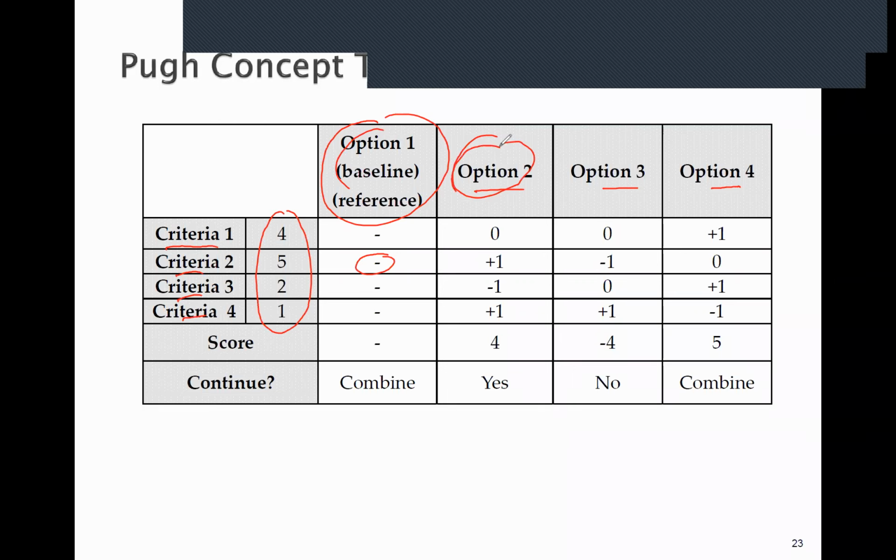The option 2 seems to be better than option 1 in this criterion, so we give +1. Option 3 is worse than the option 1 baseline reference, we give -1. So we simply add them up and then we make a decision. We can either combine 2 options, for example, or we can drop 1 and then continue with the options that we have selected. So we can iterate this until we get just one option having the highest score.